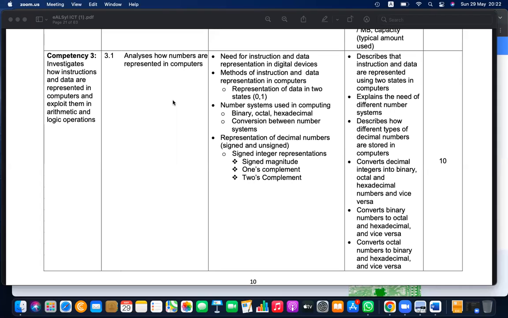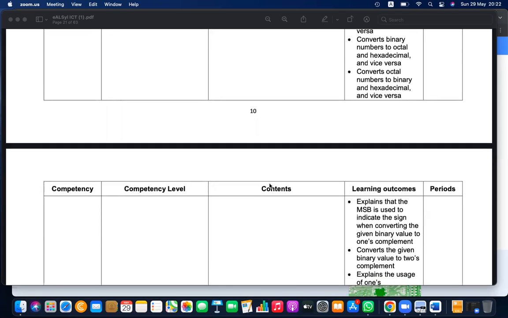There are methods of doing that. You can convert immediately to binary, or you have other methods like ones complement, sign and magnitude. Here we will be learning integers. You can represent using ones complement, sign and magnitude, twos complement. And if it is a non-integer number, a floating point number, you have floating point representation, or IEEE 754 format.